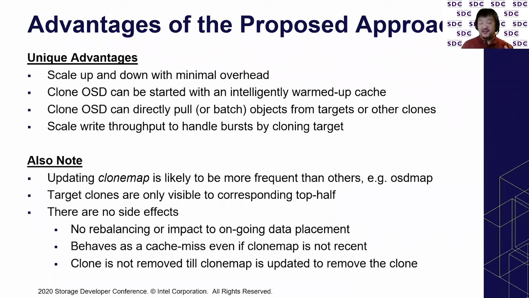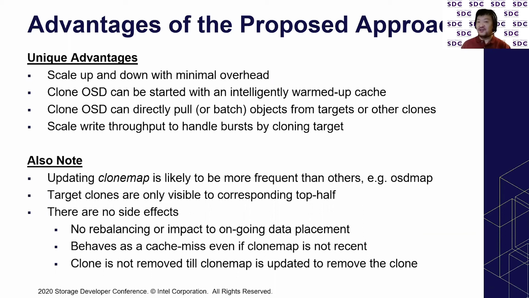The decoupling allows us to do that. That's why we reinforce that the decoupled architecture is the foundation for this work. And the clone OSD can be started with the intelligent warm-up cache. That's what Arun just described. If you can have that information, that will be able to support that usage model.